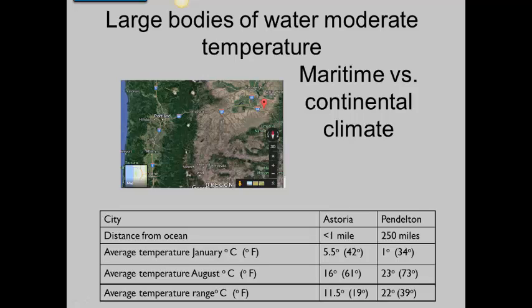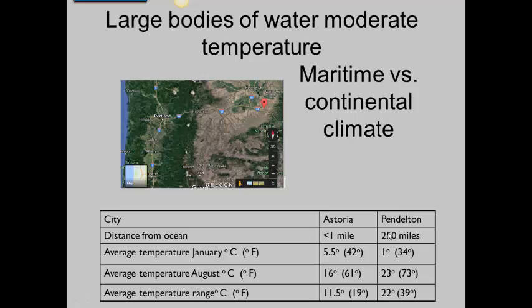Astoria, being on the coast, has what we would call a maritime climate, whereas Pendleton has a more continental climate. As you can see from the table, Astoria is less than 1 mile from the ocean, whereas Pendleton is 250 miles inland.